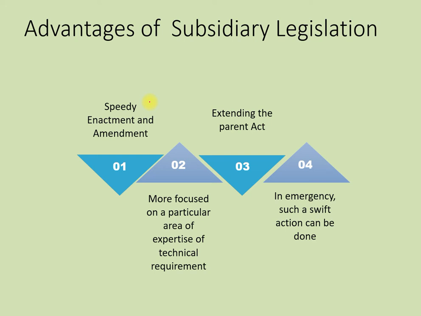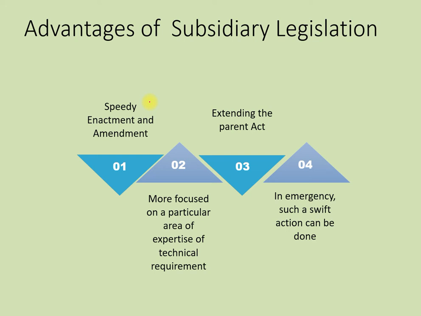As you know, the Parent Act has to go through very strict procedures in Parliament. But for subsidiary legislation they don't have to. It is just made as a regulation, not debated, and does not go for royal assent.